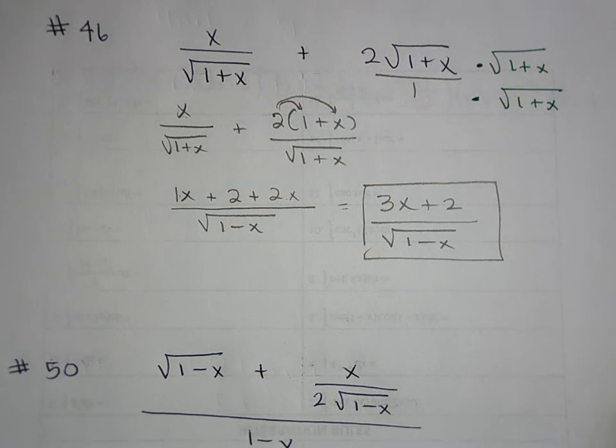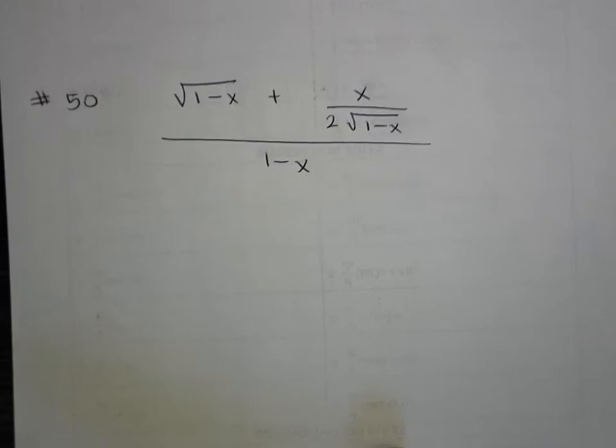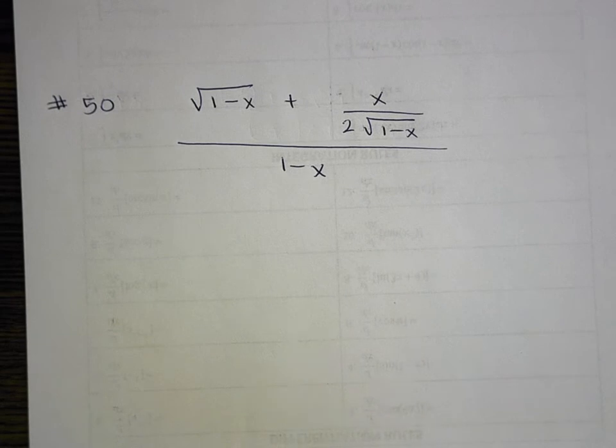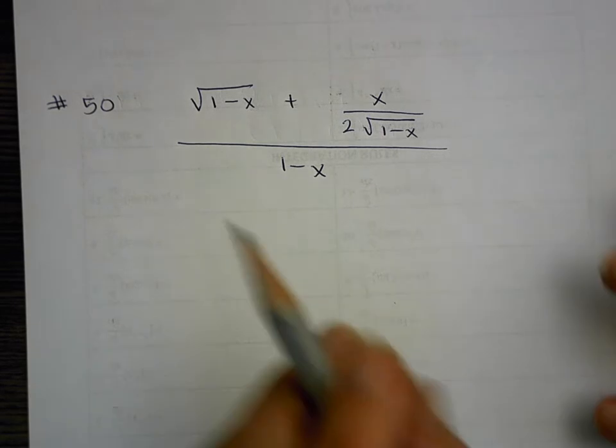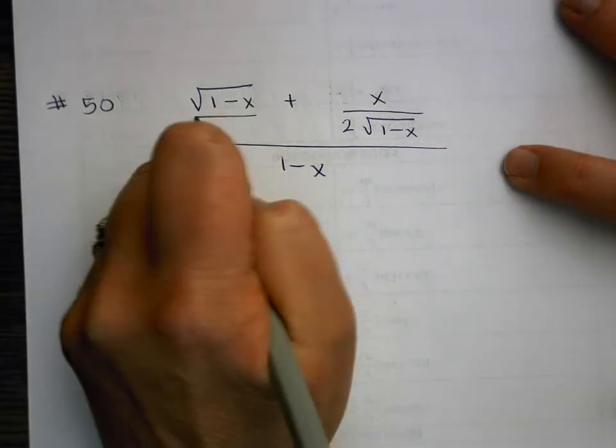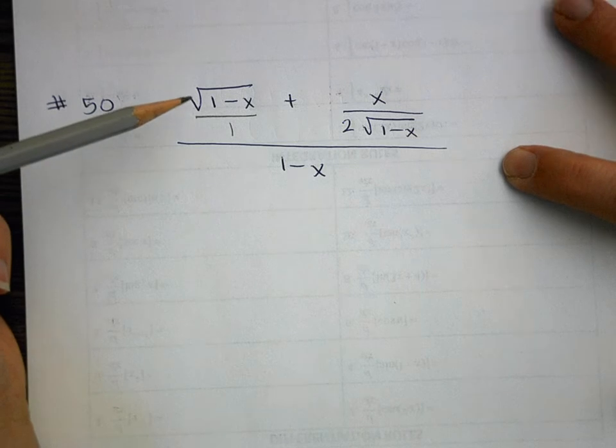Okay. All right, and then number 50. So I have a couple different ways to attack this problem. I could do it kind of like I did 46 a little bit, but there's other ways to do this as well. So what I'm going to do is put this over 1. So I have a complex fraction, so I definitely need to deal with that.